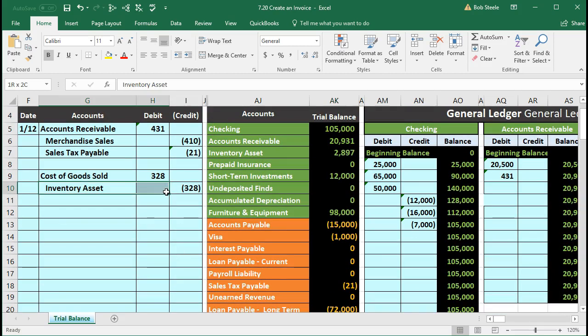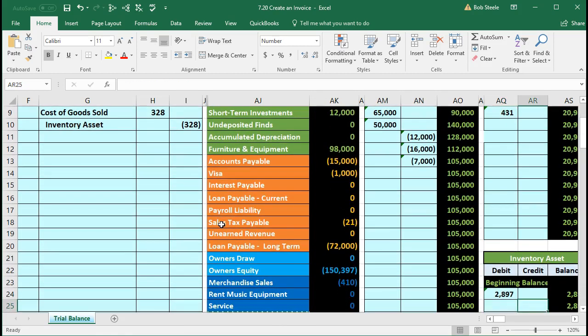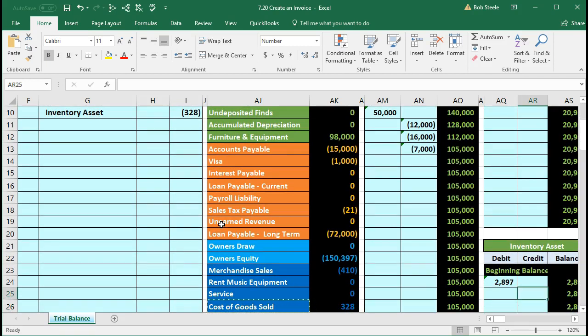Now we're going to post the inventory side. Here's inventory, third account on the trial balance, third account on the general ledger. Scrolling over, scrolling down. Here's inventory, and we need a credit to inventory. So we are going to be on the right. So we're in AR 25, and we're trying to pick up that 328 equals that 328 will bring inventory down.